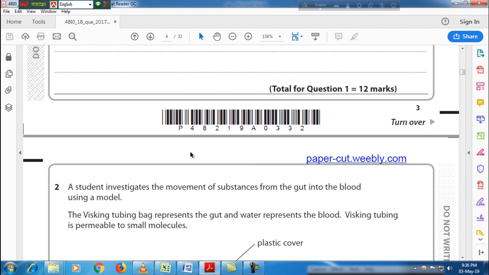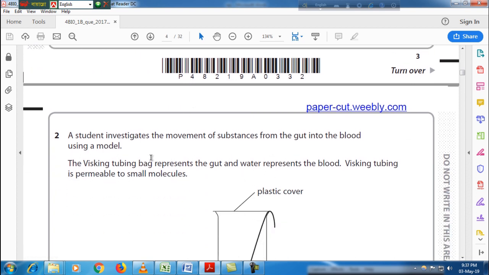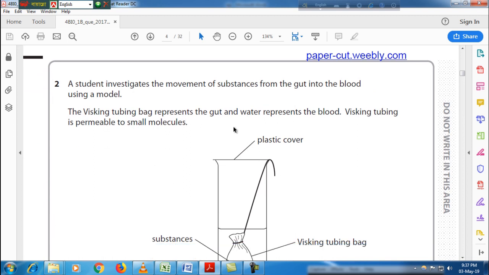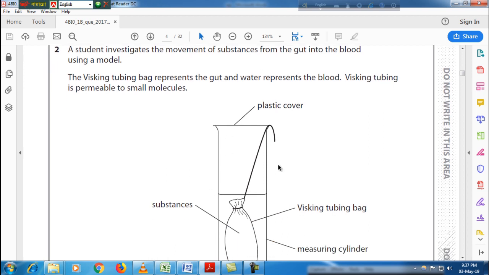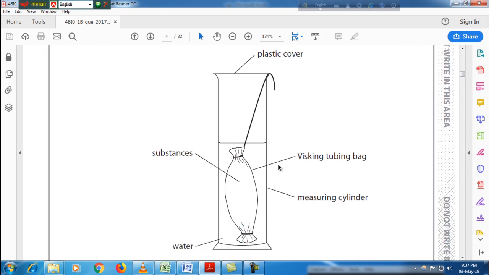Number 2. A student investigates the movement of substances from the gut into the blood using a model. The Visking tubing bag represents the gut and water represents the blood. Visking tubing is permeable to small molecules.